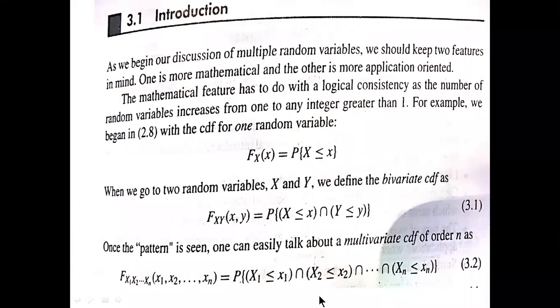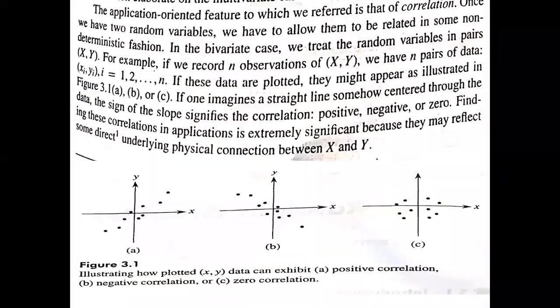That is the mathematical feature, showing how we go from a single random variable to two random variables and then to many random variables.